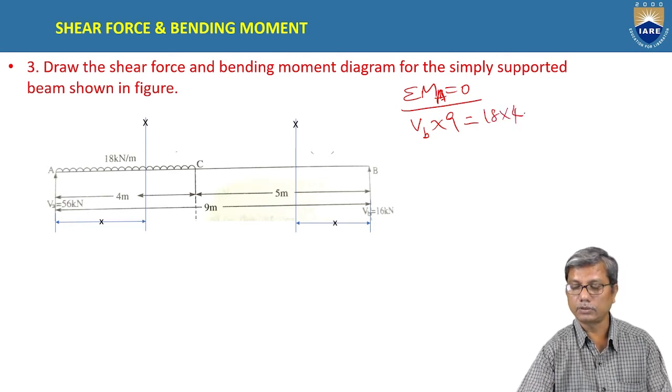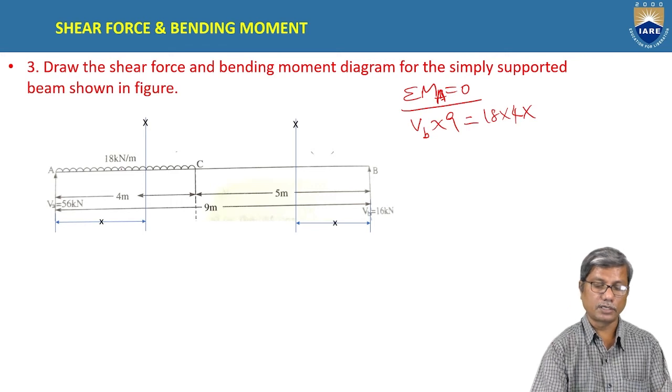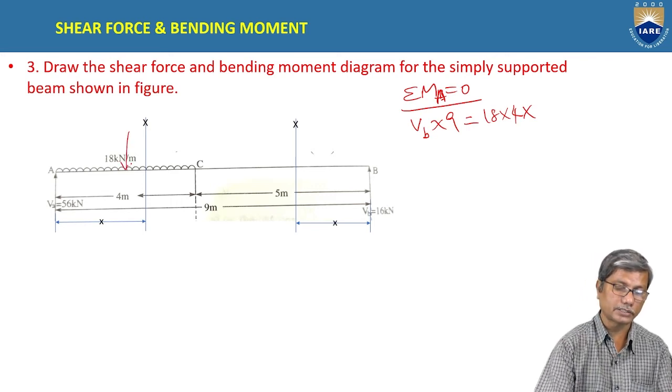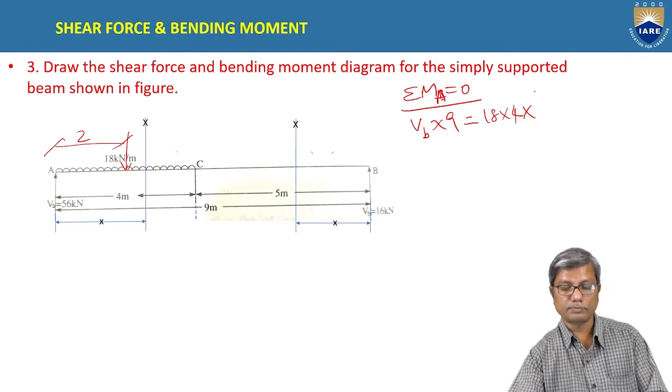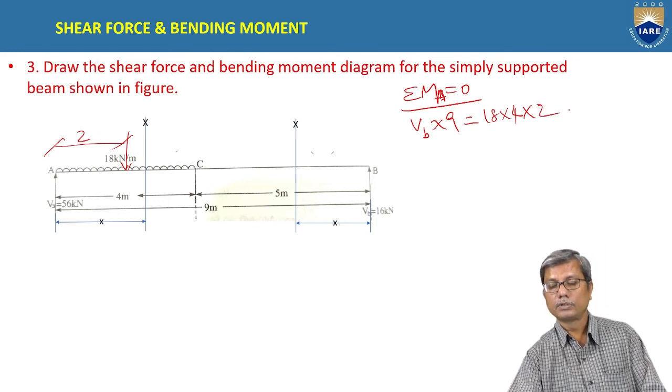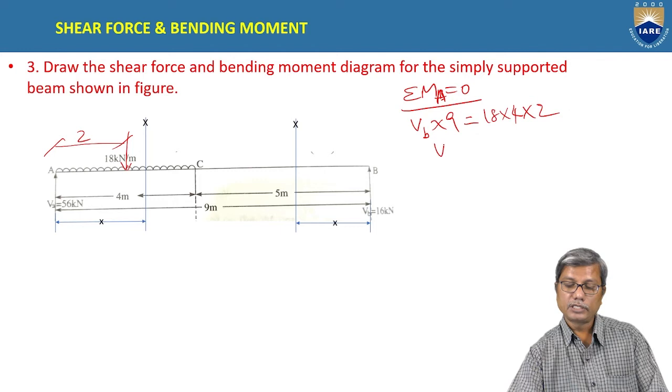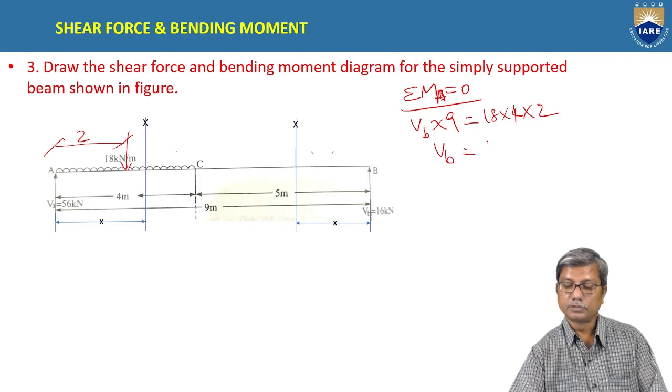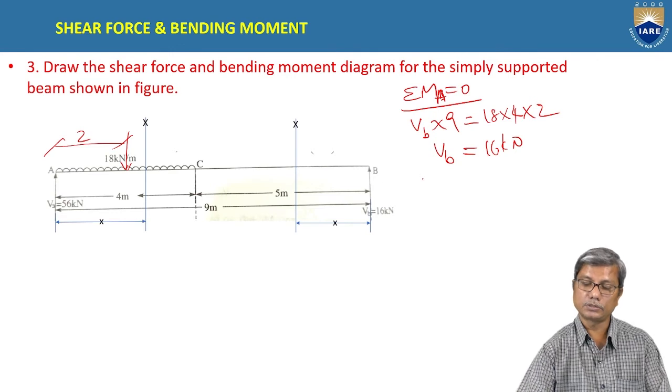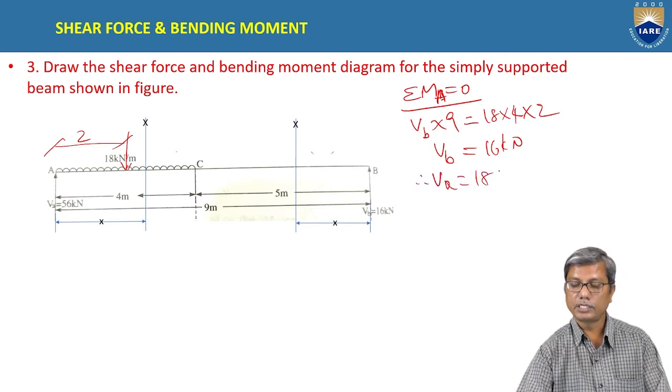This is the total load, and the resultant acts at 2 meters from A, at the middle. So VB is 16 kilonewtons, and therefore VA is 18 into 4 minus 16.